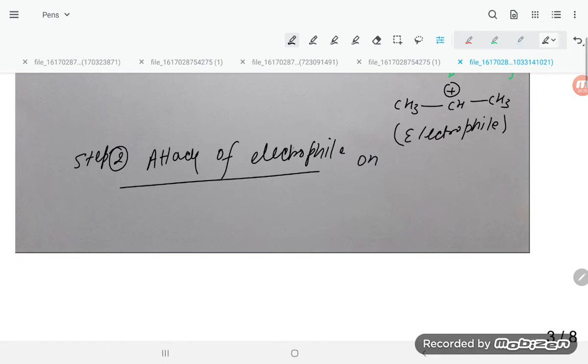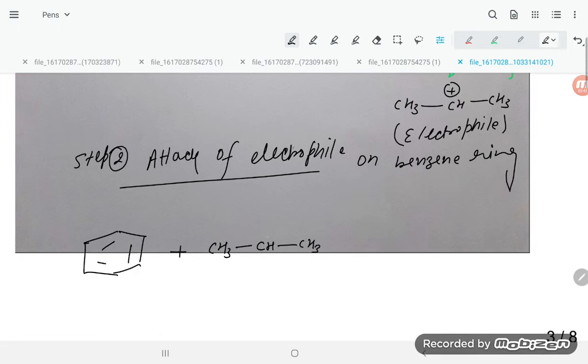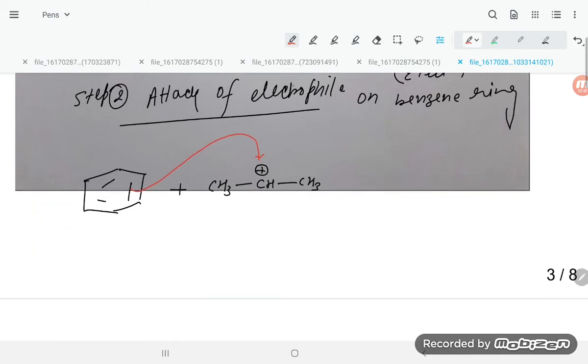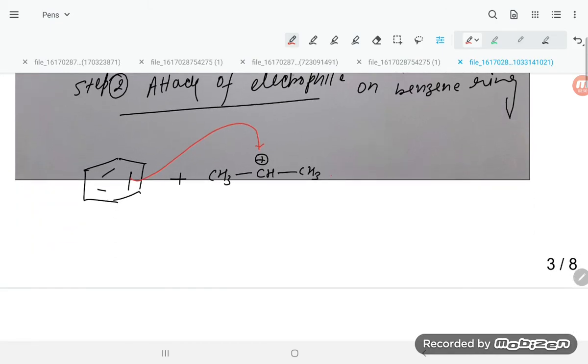Where is it going to attack? On the benzene ring. So if it is attacking on the benzene ring, how will it attack here? Here is the compound, and here is the electrophile, the 2 degree carbocation, CH with CH3 and CH3, with the positive charge. How is it going to attack? This electron density will attract the positive charge, and what compound will you get?